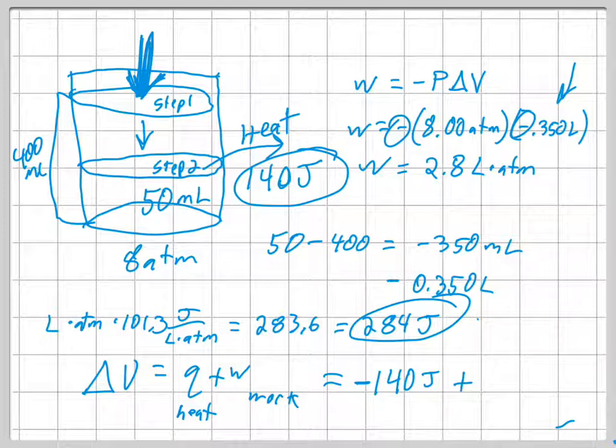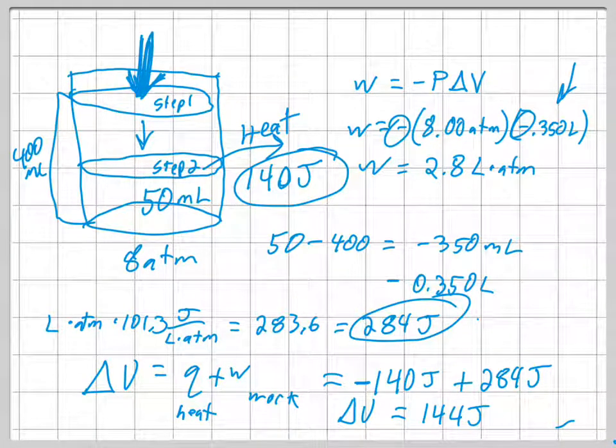Then we add that to the amount of work that was done, which we calculated from the change in volume against the constant pressure: 284 joules. So we just combine those numbers, and we get a total on the system of 144 joules. That is the total change in the internal energy of the gas. So that's the delta U for that gas: 144 joules.